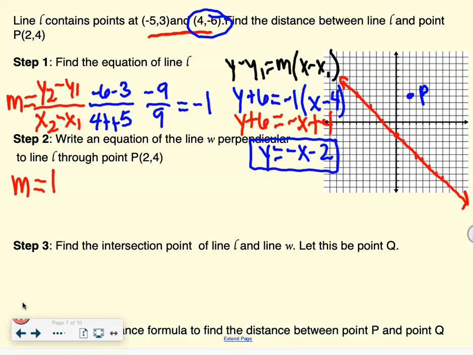So my slope's 1, and I want to go through point P, (2, 4). Now we repeat that same process, y minus y1 equals m times x minus x1, plugging in the point-slope formula.